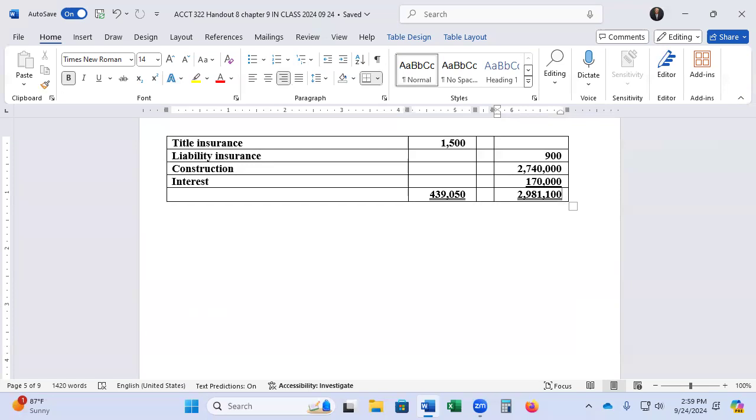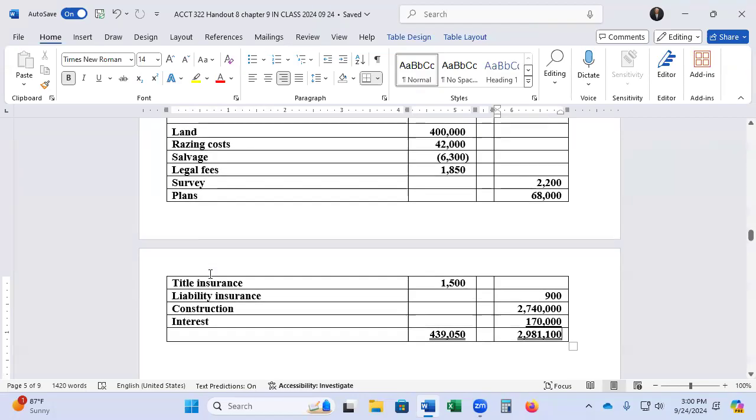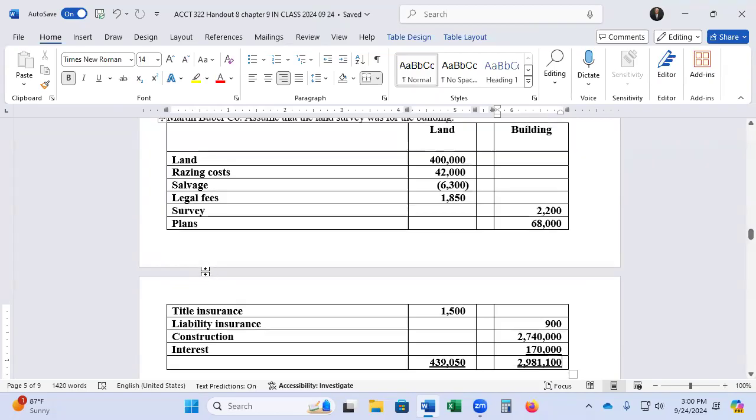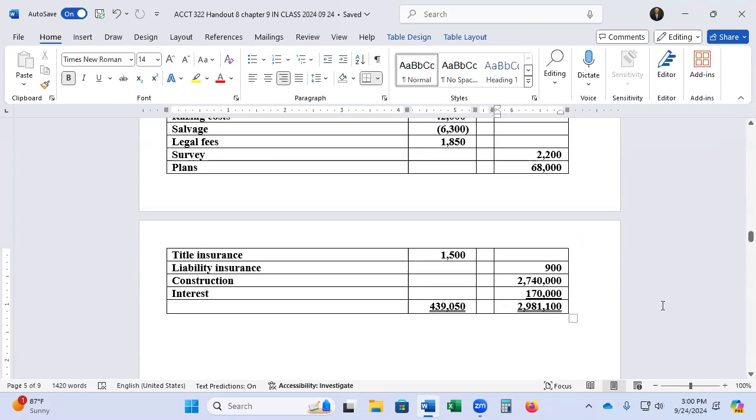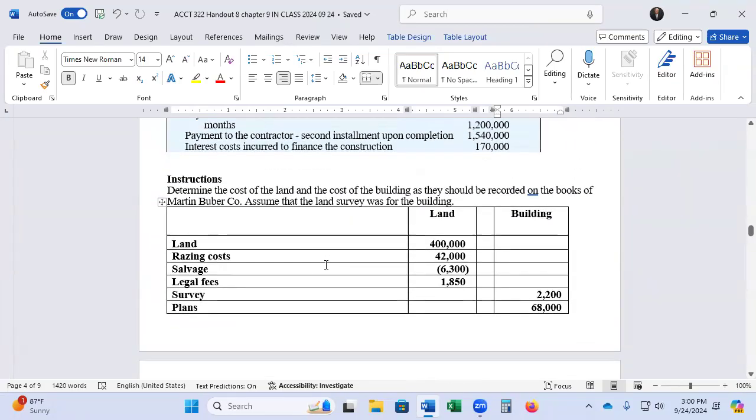So if you're a manager and you're being evaluated based on performance, where would you want to allocate most of this stuff to? Think about your logic there. If I allocate it to the building, then what do I have to do with it? Right, which is an expense that is incurred going forward. If I can get some of these costs into the land price, what happens then?